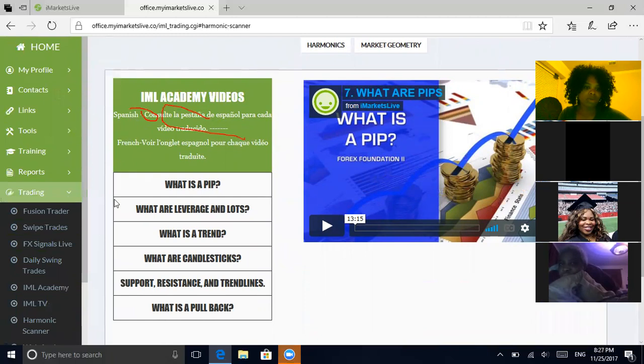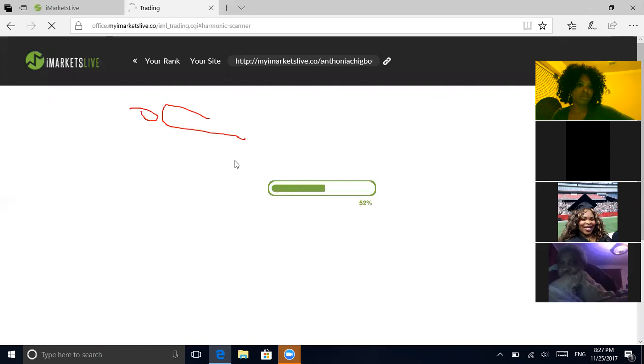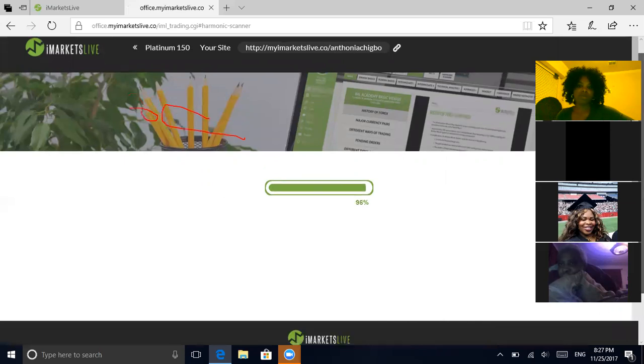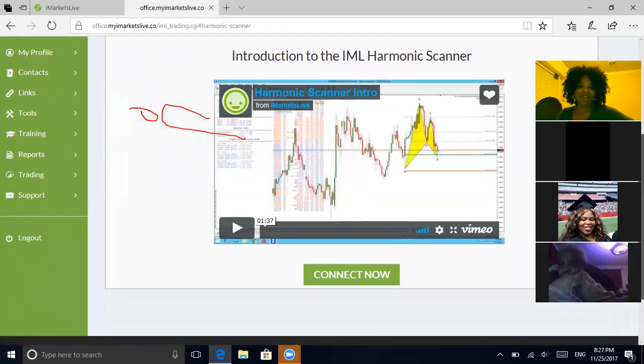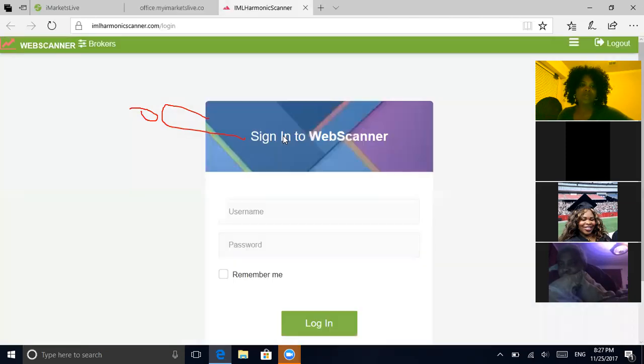It's not coming up, but you know why. Okay, here it is. Harmonic scanner, and then you say connect now on the bottom. It will take you to the website, to the scanner itself. And the same username and password that you log into your back office is what you use to log into it.